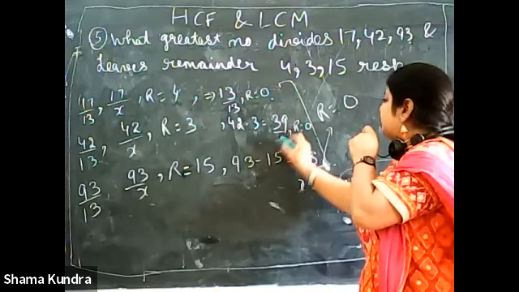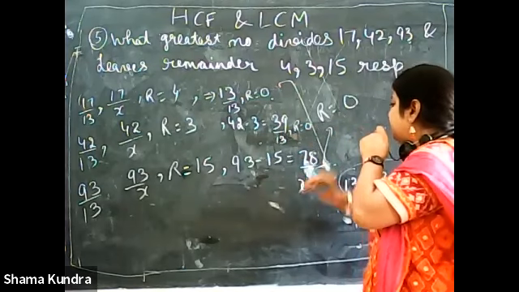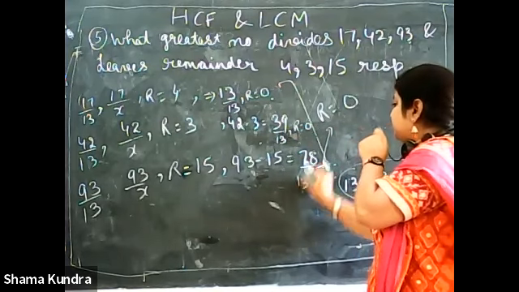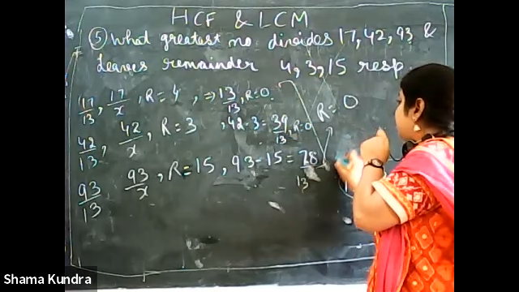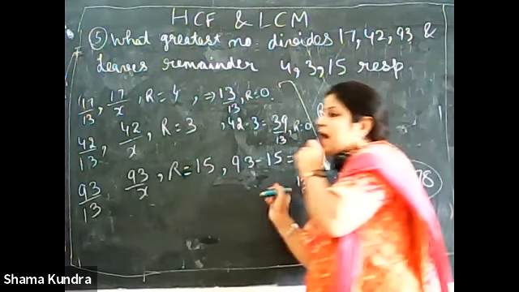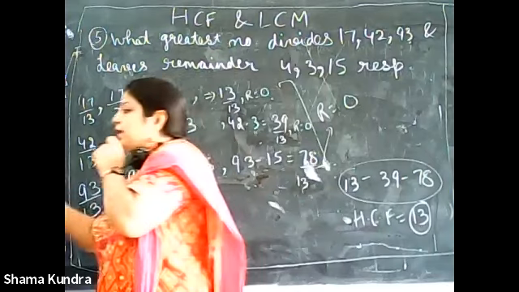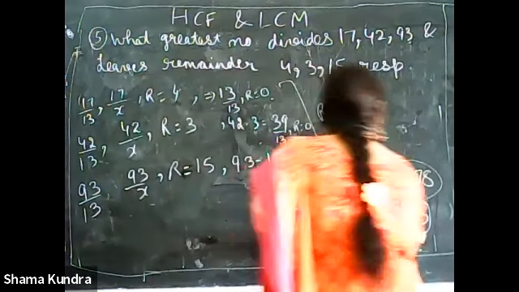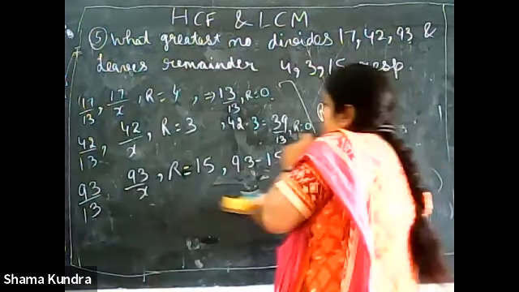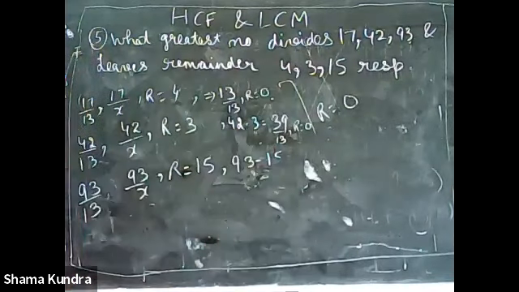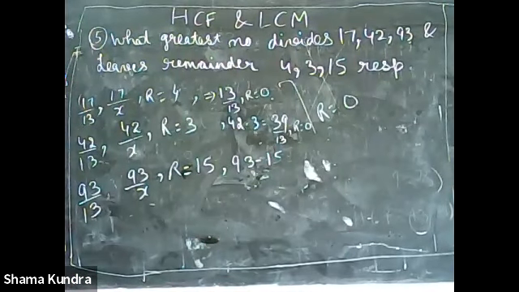When you divide 39 by 13, the remainder is 0. When you divide 78 by 13, the remainder is 0. So our answer is correct. The required greatest number is 13. I hope it is clear to all of you.